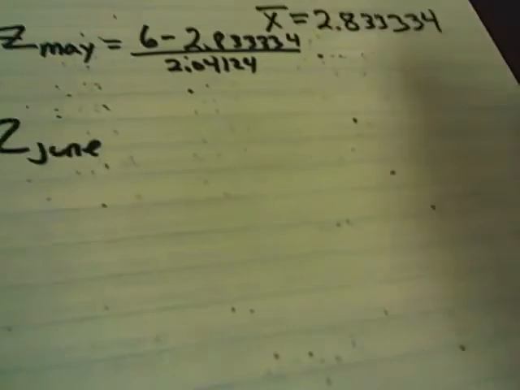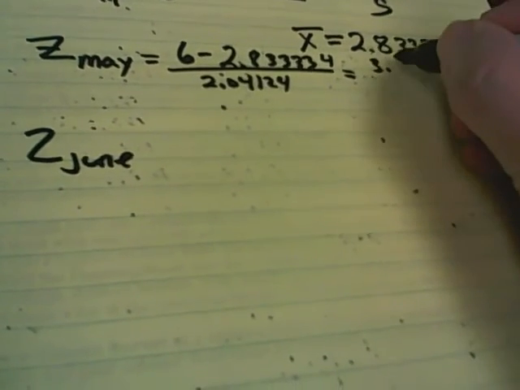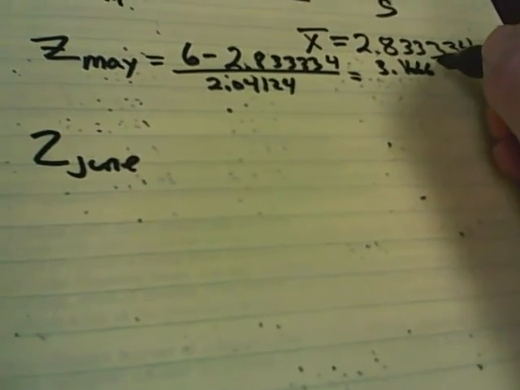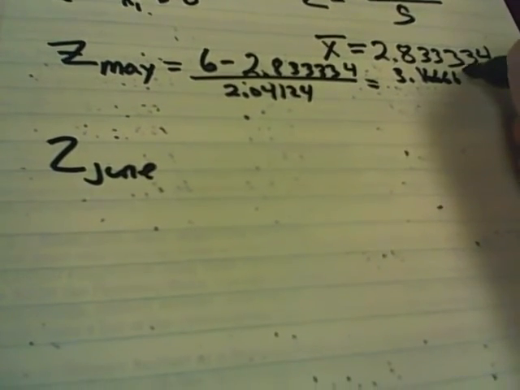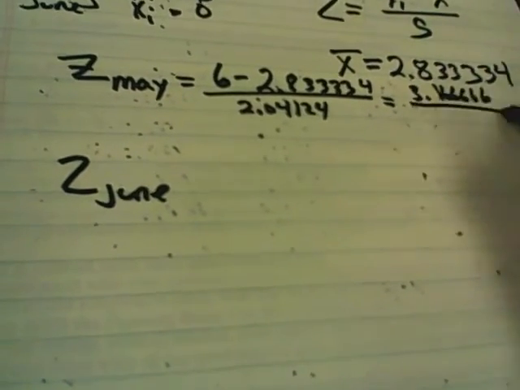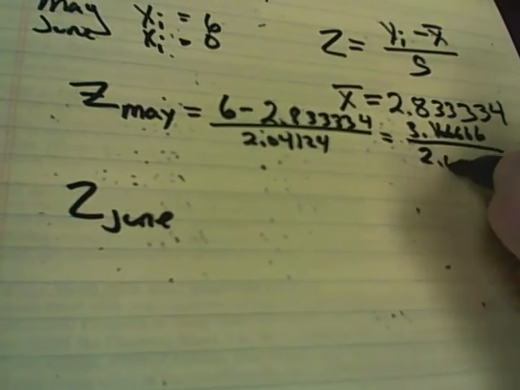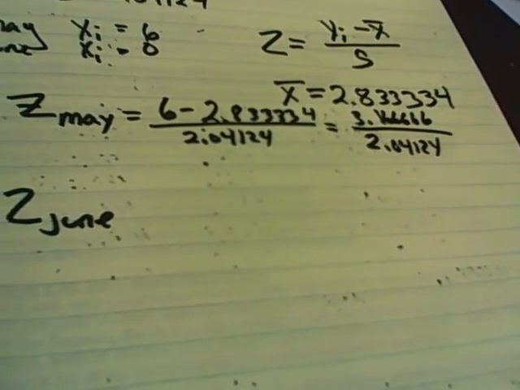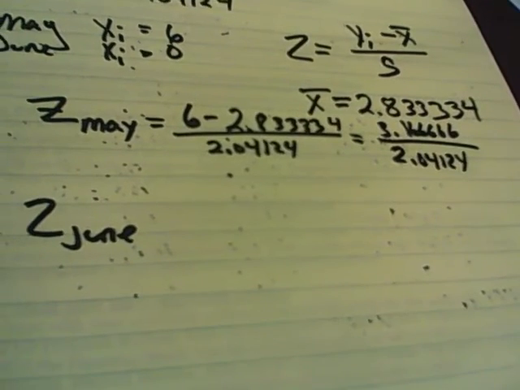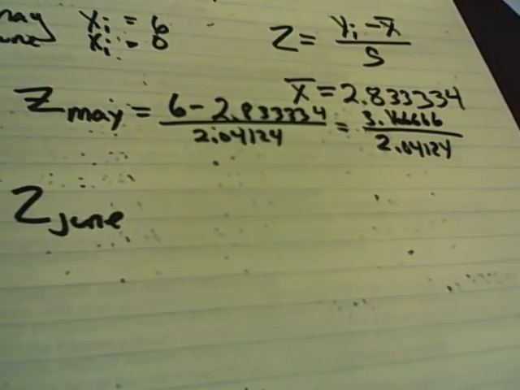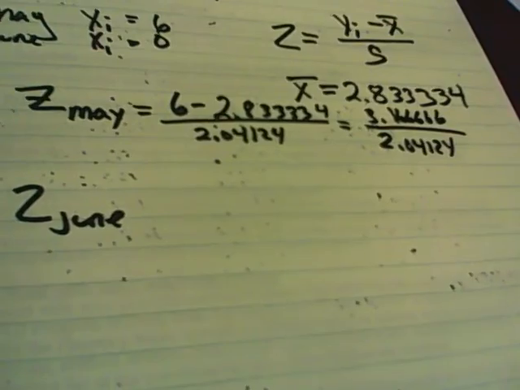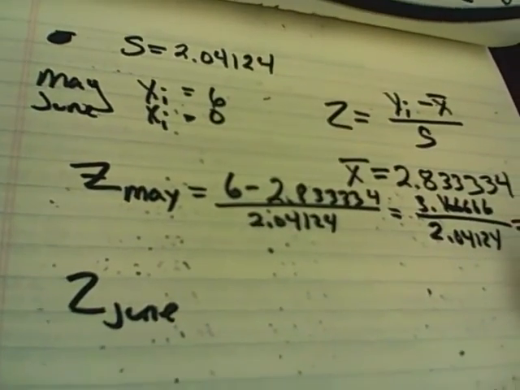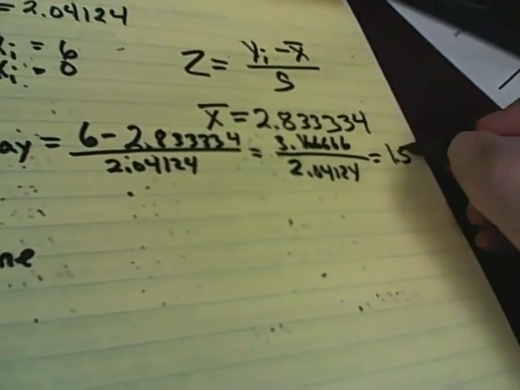That is equal to 3.1666, divided by my standard deviation of 2.04124, and I get a z of 1.55.